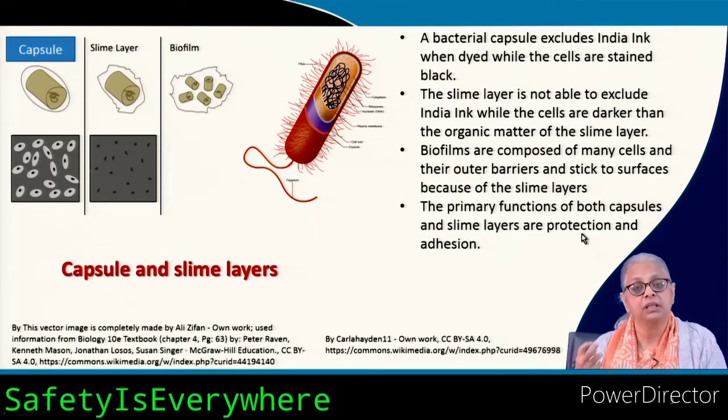This organic matrix provides protection against disinfection as well. So in water supply systems, if you have biofilms growing on the inner side of the pipe surfaces and so on, they will be protected from being destroyed by chlorine or any other disinfectant because of this slime layer. This slime layer acts as a protection for the bacterial cells.